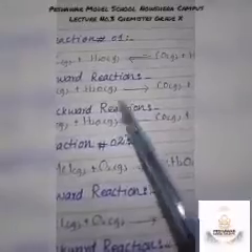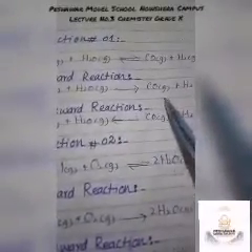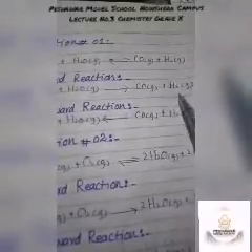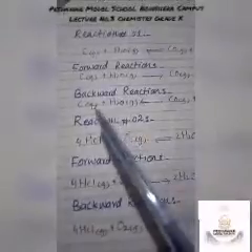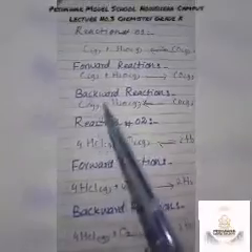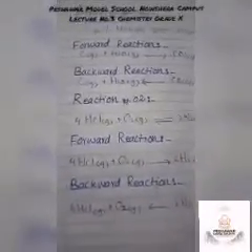In the forward reaction, when carbon reacts with water in the vapor phase, or in the gaseous form, it will give us carbon monoxide and hydrogen gas. Its backward reaction is when carbon monoxide and hydrogen gas react back, it will give us water in the gaseous form and also carbon.